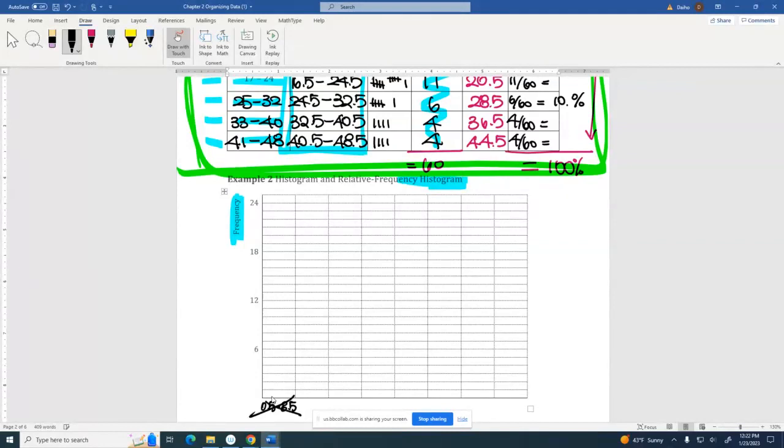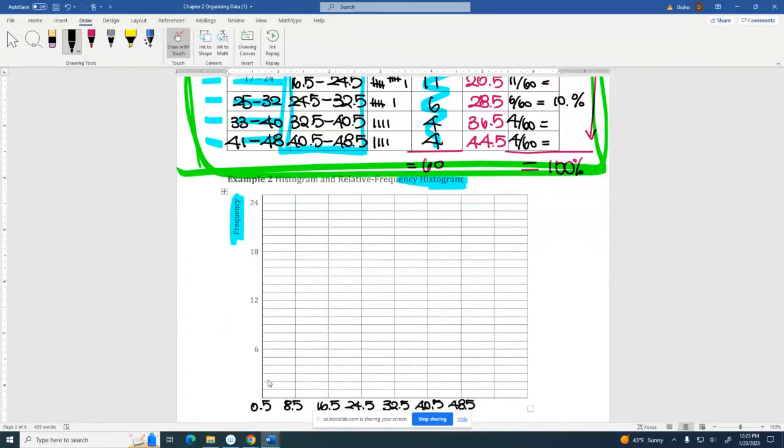Simply plug in 0.5 here, 8.5 here. What will be the next? 16.5 here, 24.5 here, 32.5 here, 40.5, 48.5.